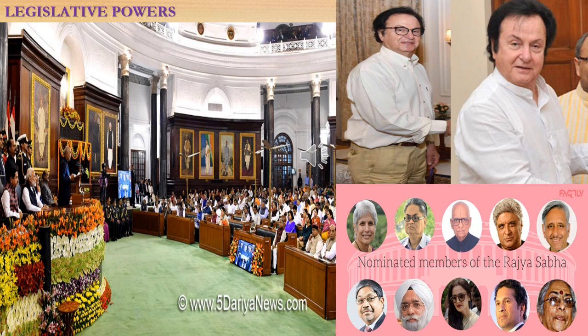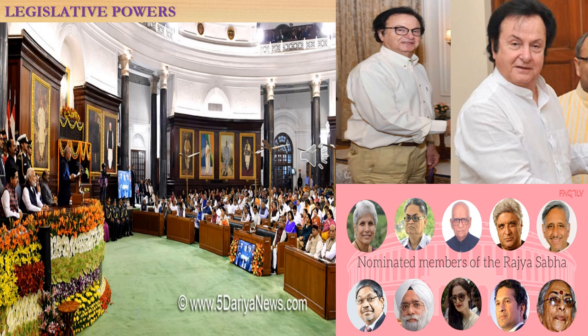So in legislative power, the president inaugurates the session of the parliament by addressing it after the general election and also at the beginning of the first session each year. He summons the parliament at least twice in a year. He may send a message to either house with respect to a bill pending in the house. All bills passed by the parliament become an act only after getting his approval.